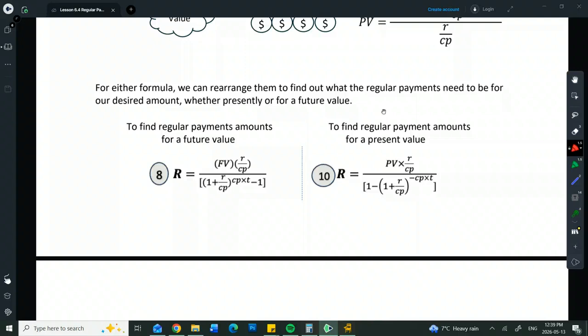Or if I have a certain mortgage, I can figure out what my regular payments might be. Or if I have a certain amount in my retirement account, I can figure out what my regular withdrawal could be every month based on how much I had saved by that time.